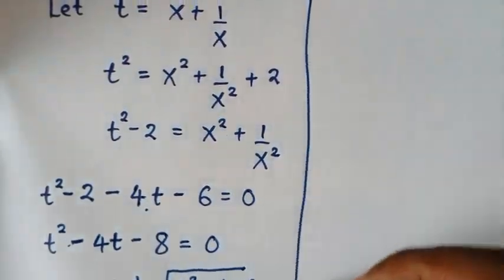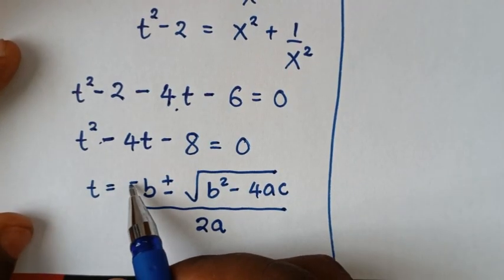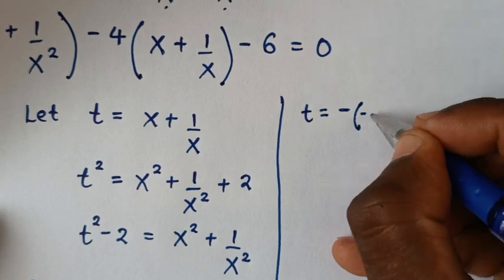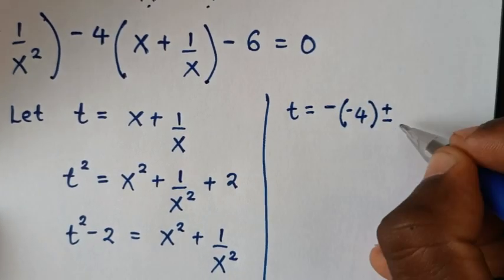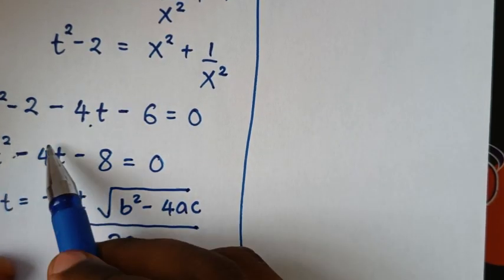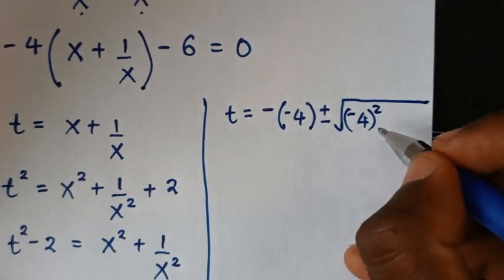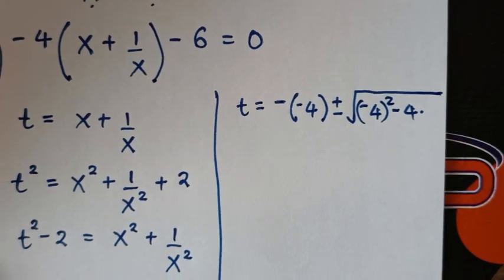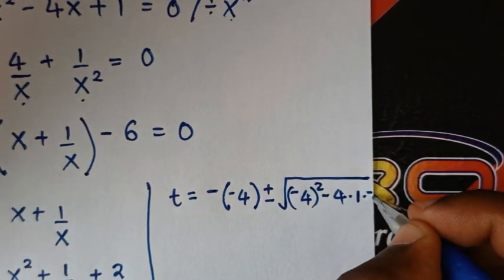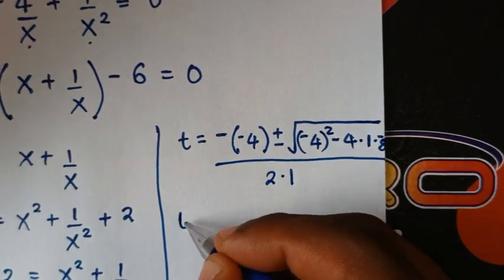So into here, t is equal to minus b, where b is the coefficient of t, which is −4, so it will be minus (−4), then plus or minus the square root of (−4)², then minus 4 times a times c, where a is 1 and c is negative 8, so times 1 times negative 8, then over 2 times a, which is 1.